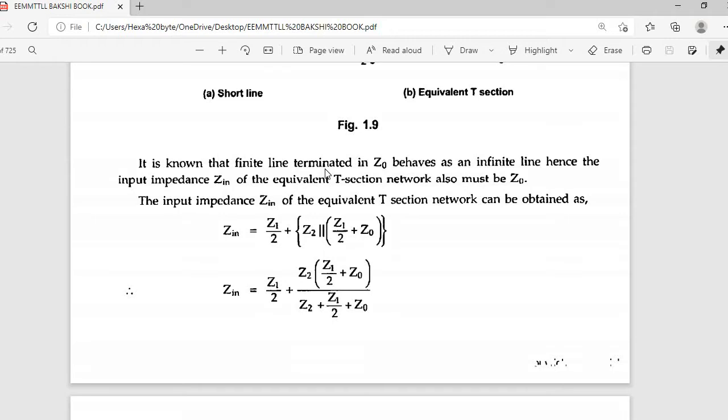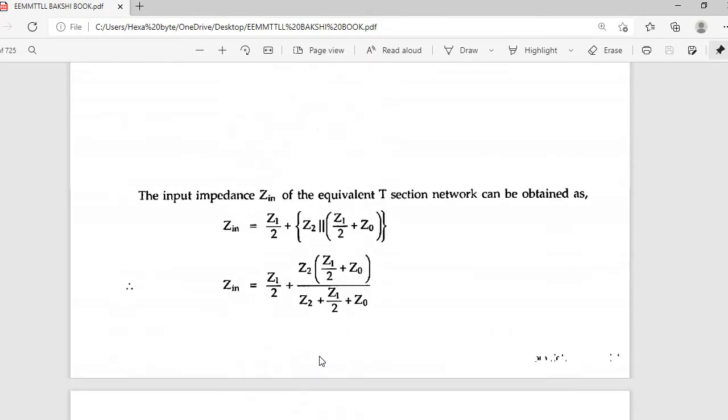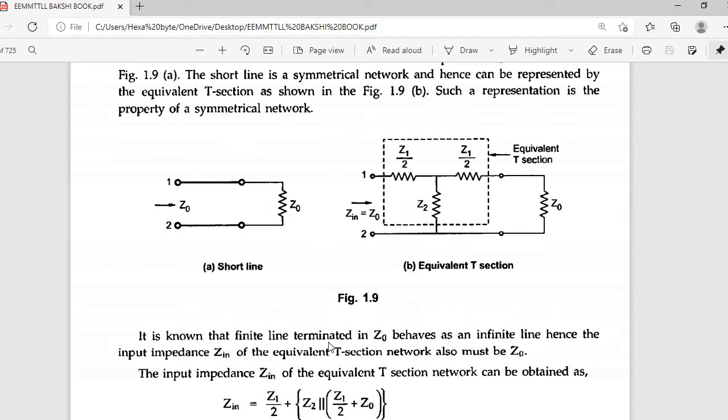It is known that a finite line terminated in Z0 behaves as an infinite line, hence the input impedance Zin of the equivalent T section network must also be Z0. From this T section network, Zin is equal to Z1 by 2 plus Z2 parallel with Z1 by 2 plus Z0.